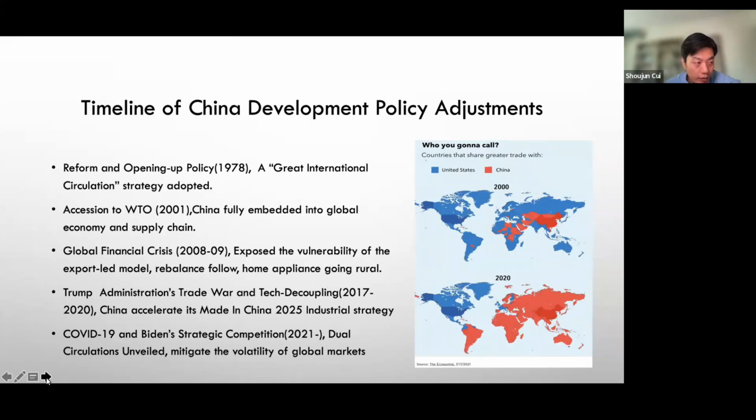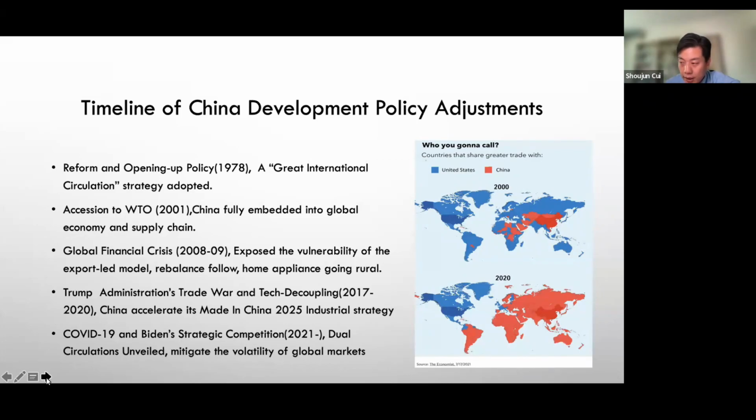So as an alternative, the Chinese government decided to give some subsidies to those commodities, particularly home appliances, and guide those home appliances to the rural area, to the west part of China. So in the rural area, west part of China, they can buy those home appliances.